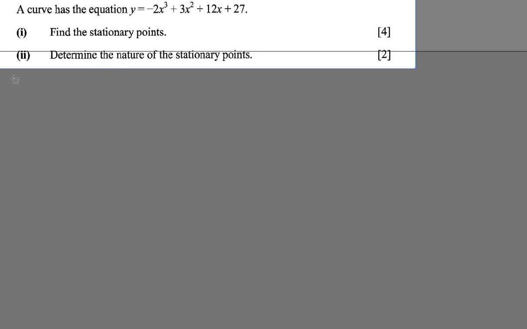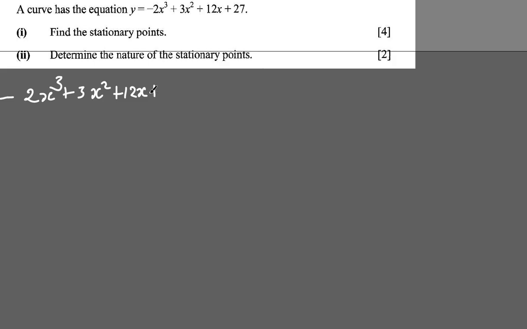Now in this question we are given a curve: negative 2x to the power 3 plus 3x to the power 2 plus 12x plus 27. Okay, now we are told to find the stationary points for this curve or this equation.